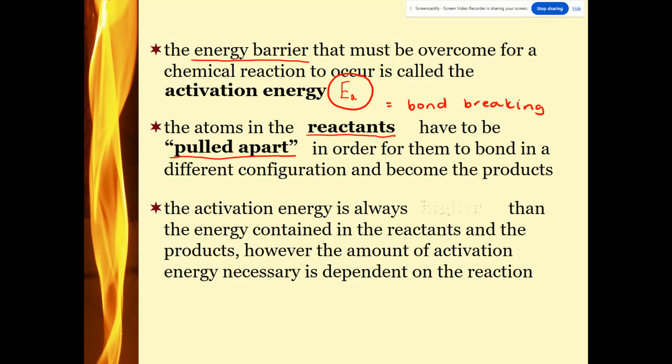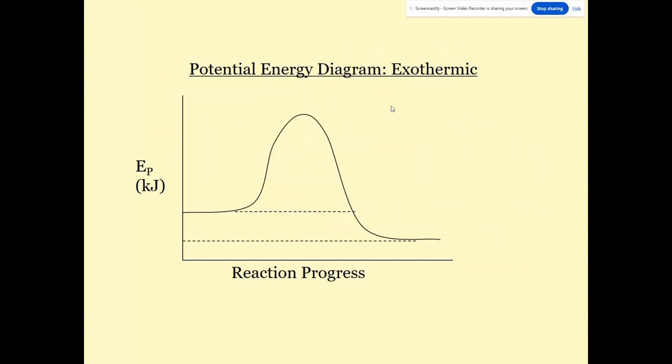It's again the kickstart that you have to add. You have to add energy to make the reaction take place. When you have wood that you're trying to burn, you have to light a match to kickstart that fire burning process, that combustion process. So there's always some activation energy you have to overcome.